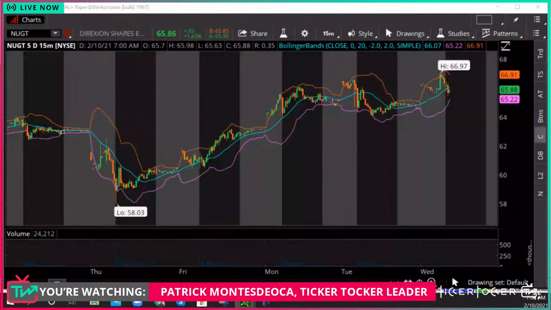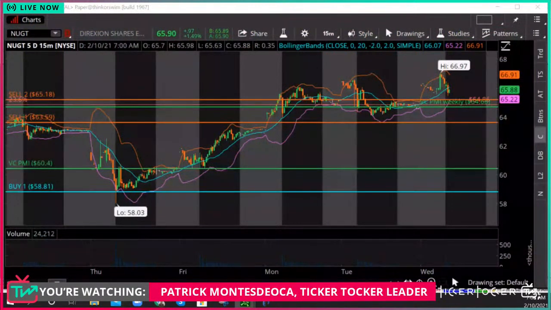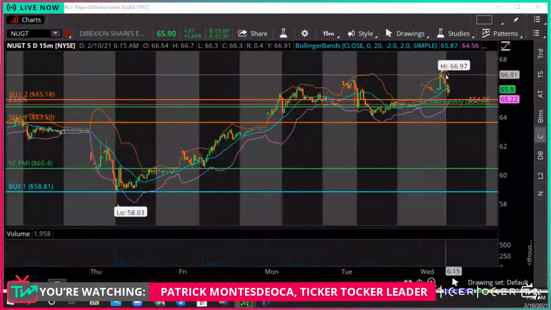We have some of the derivatives like Nugget up on this move up, obviously making a high of 66.97.